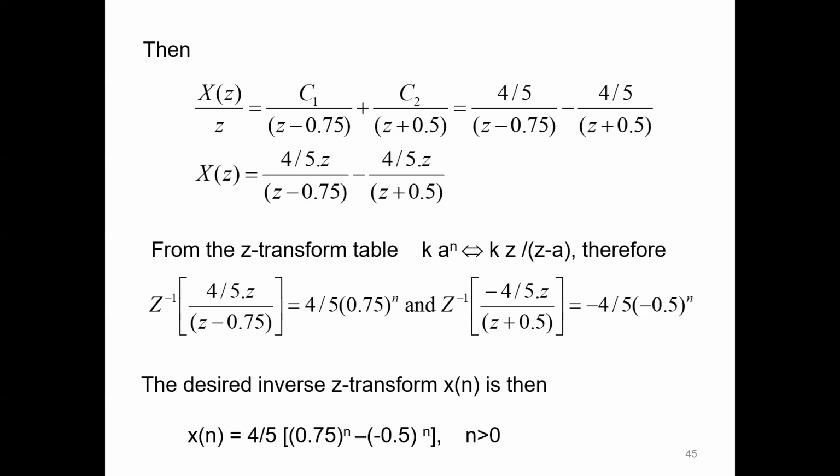Right. Now we have a pretty good idea about where the problem is. You don't have any major issue identifying partial fractions, but the problem is how to get from there to the inverse z-transforms. So it is just one step. It is not a complicated process. What is that?